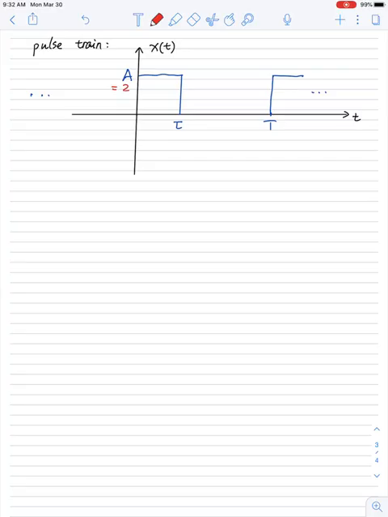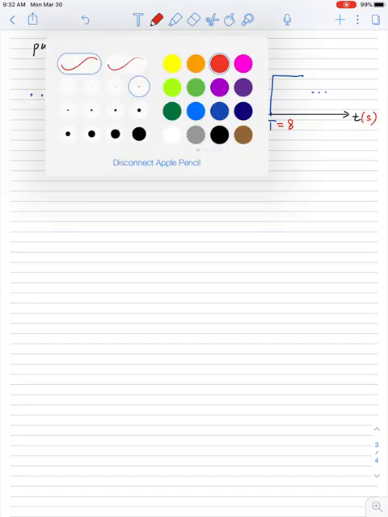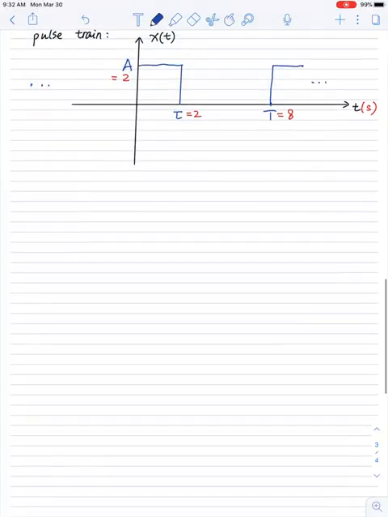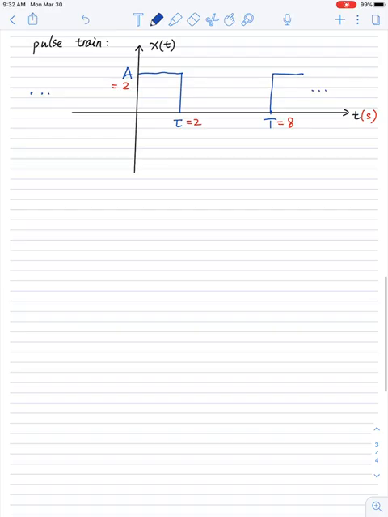And now let's provide the value of this coefficient. A is equal to 2, tau is equal to 2 and the capital T is equal to 8, and the unit is second. So from our earlier lectures, we can find the coefficient of the Fourier series representation for pulse train.